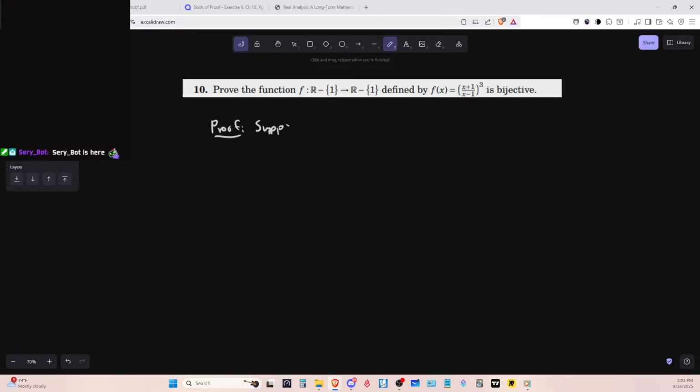Suppose x, x prime are elements of the reals minus the set 1. Alright? And f of x is equal to f of x prime. Alright?